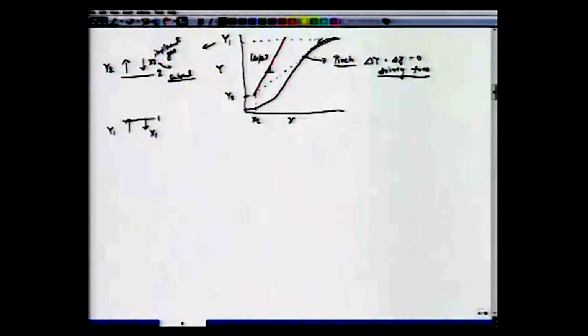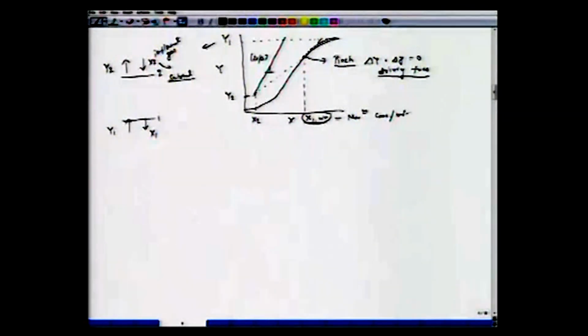So the idea is that corresponding to this pinch, the concentration we will get here as x1 will be x1 max. So this is the maximum concentration or the mole fraction of the spent solvent, or the spent liquid.